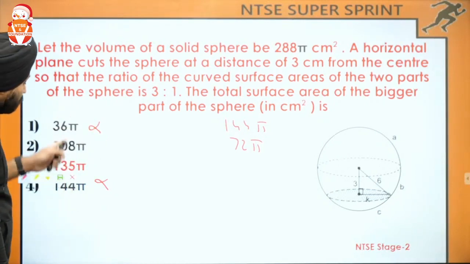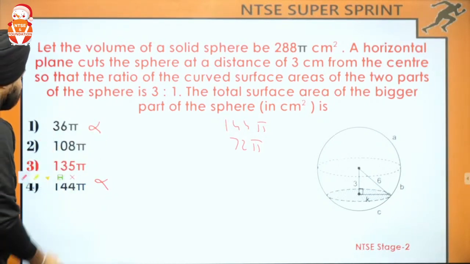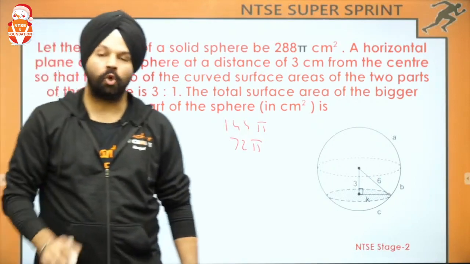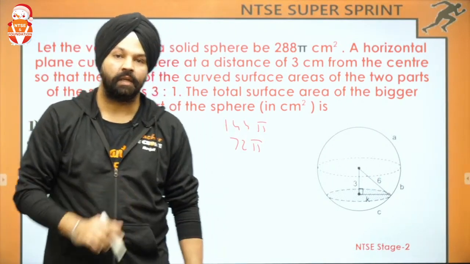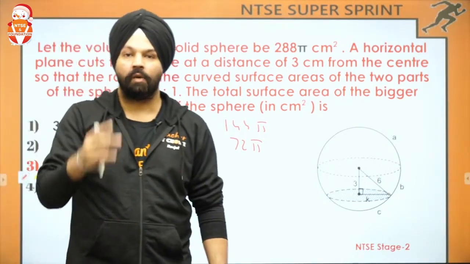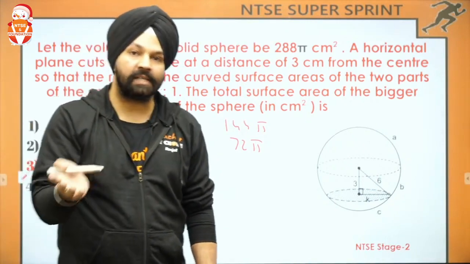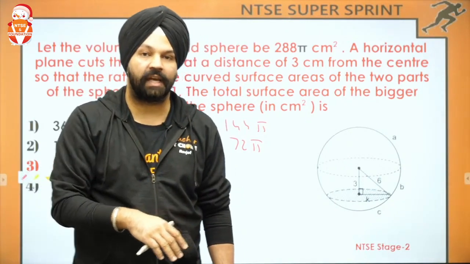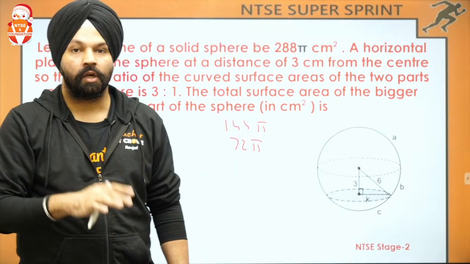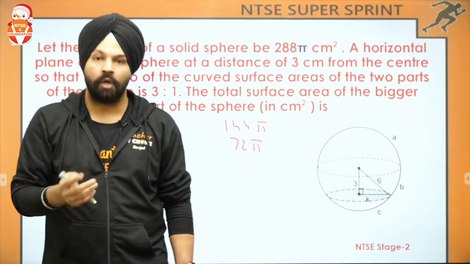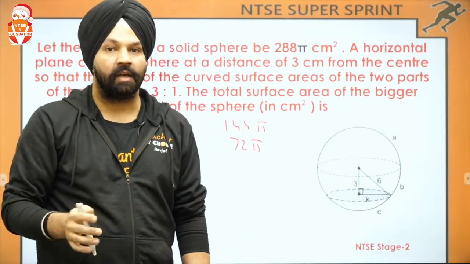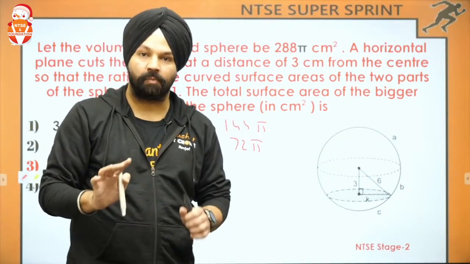So two options are gone, two are pending, that is 108 pi and 135 pi जो हमें focus करनी है. We need to focus these two options only because we have eliminated two options. One is lesser than half of the total surface area, one is exactly total surface area. तो हमें दोनों में से कोई भी ऑप्शन नहीं चाहिए, वो हमारे लिए बेकार ऑप्शन है. आई होप यहां तक सबको क्लियर हो रहा है.